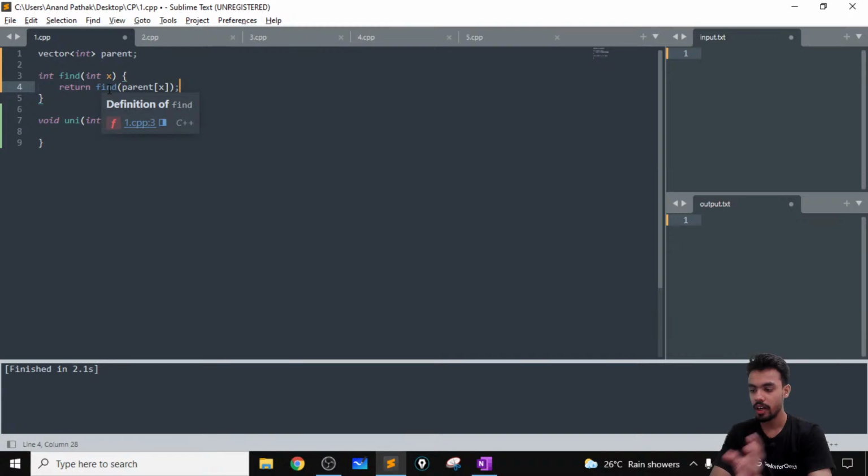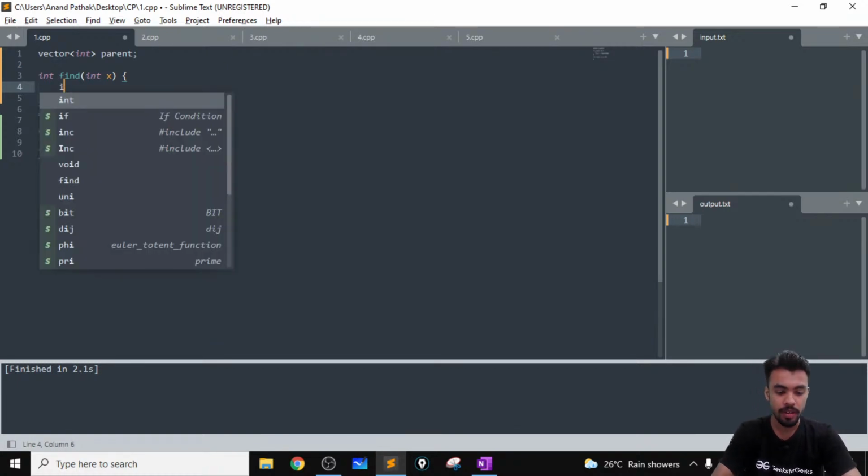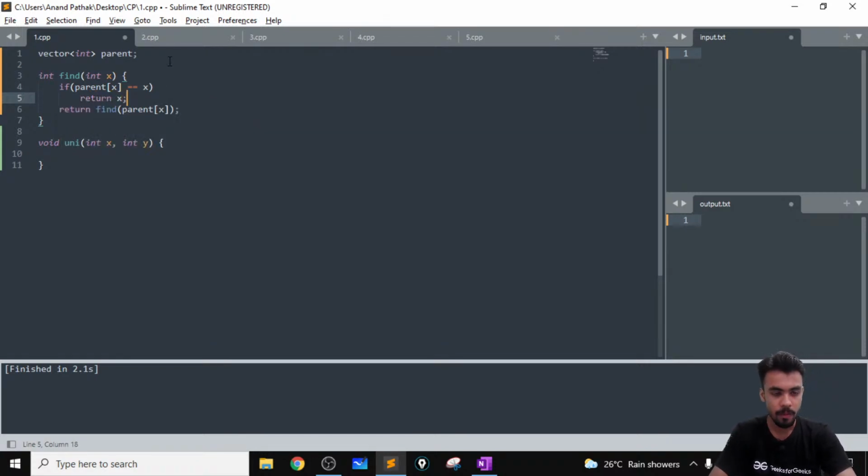So we have to go recursively to find the ultimate parent, and when we have to stop, in the recursion we should have some base case. The base case would be, if at some point that particular node is the parent of itself, then we are going to return that. Okay, so this would be our base case. Just as simple as this. This would give me the parent of x.